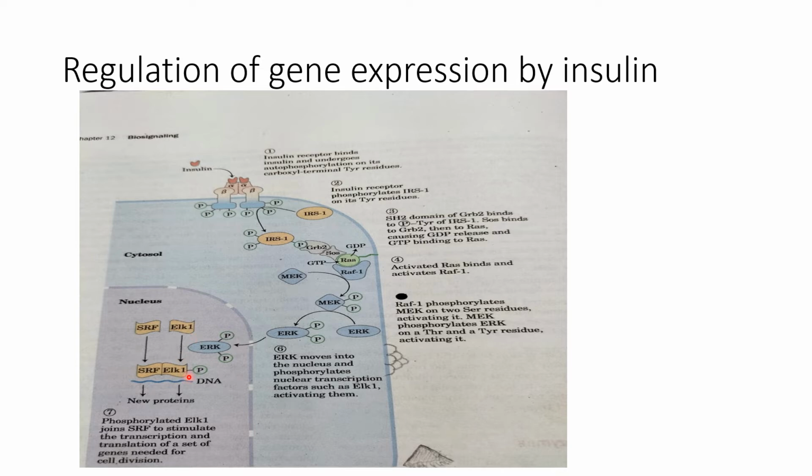Okay, so we will look one by one at what these things are. What is happening actually? See, this is the plasma membrane, and here is the insulin receptor. Insulin binds to it, and the beta subunit gets phosphorylated.